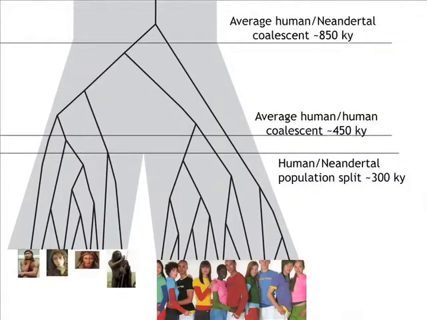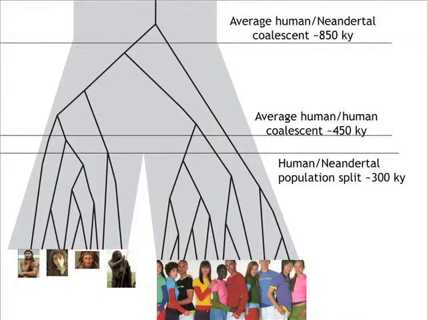With that in mind now, it's possible to understand why having Neanderthal DNA is so interesting for understanding human genetic variation. So this common ancestor that you have with the person sitting next to you or anybody else is different as you go along the genome. We can draw this phylogenetic tree for a random place in the genome, and we know that two humans on average had a common ancestor who lived about 450,000 years ago.